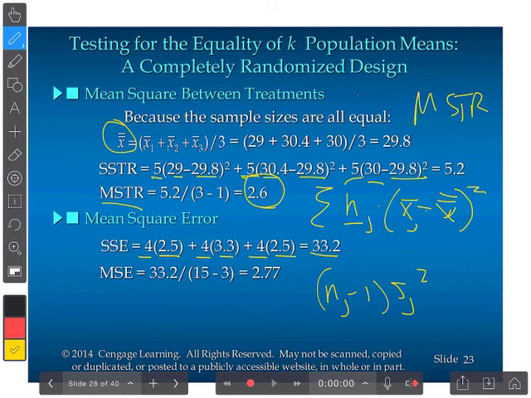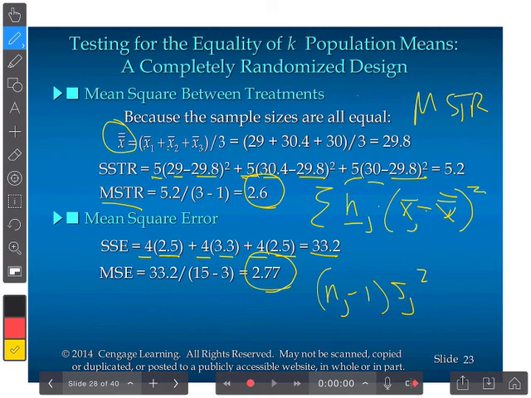When we add it all up together, we get 33.2. And now we're going to divide that by n minus k, where n is 3 fives, 15, minus 3 treatments gives you 12. When we do the division, we have 2.77.